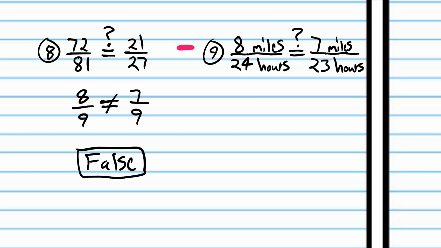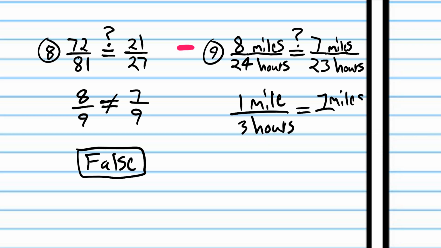So if you reduce 8 over 24, that becomes, divide both these numbers by 8, and we get 1 mile for every 3 hours. And the fraction on the right is already in lowest terms, so we can't do anything to that.